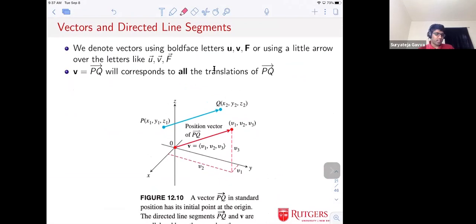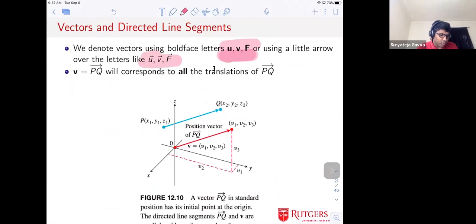Again, some notational aspects. When you denote vectors, we denote them by boldface letters, U, V, F here. This is the standard notation for vectors, and this is how I'll do it. In a textbook, or when you see it typed somewhere, this is how vectors are denoted.